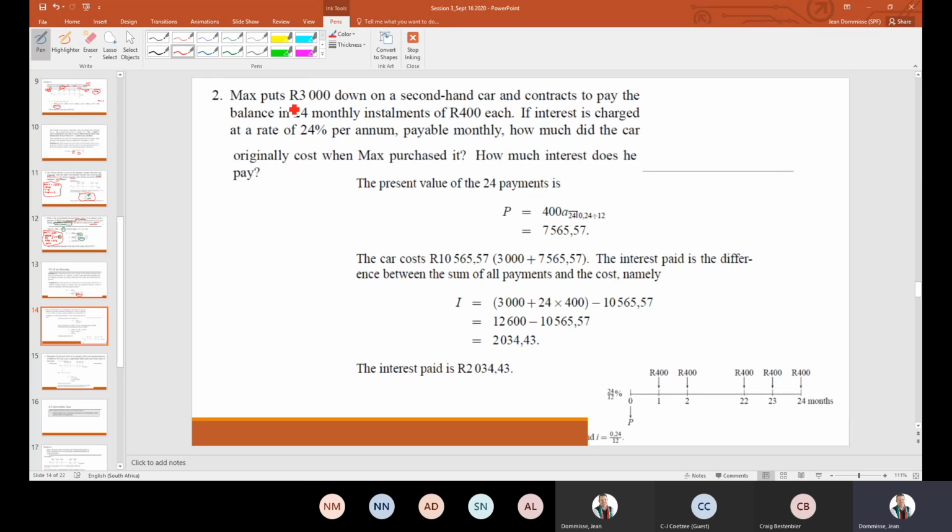Max puts down 3,000 Rand on a second-hand car, and then he contracts to pay the balance in 24-month installments of 400 Rand each. So basically, your PMT is the minus 400.